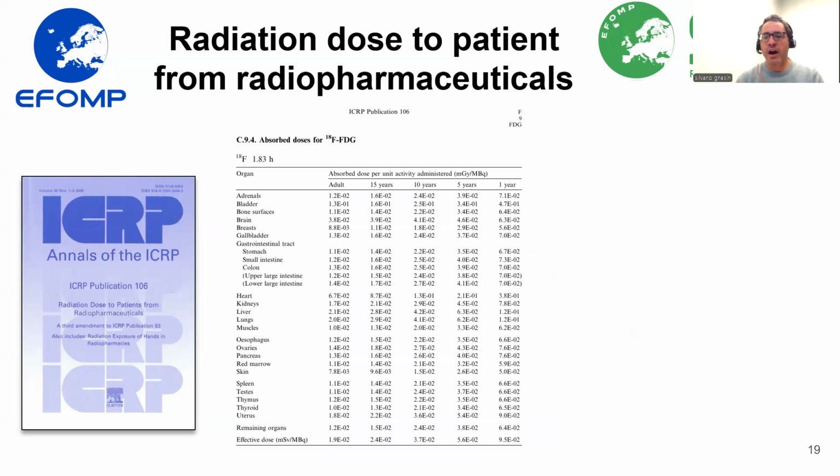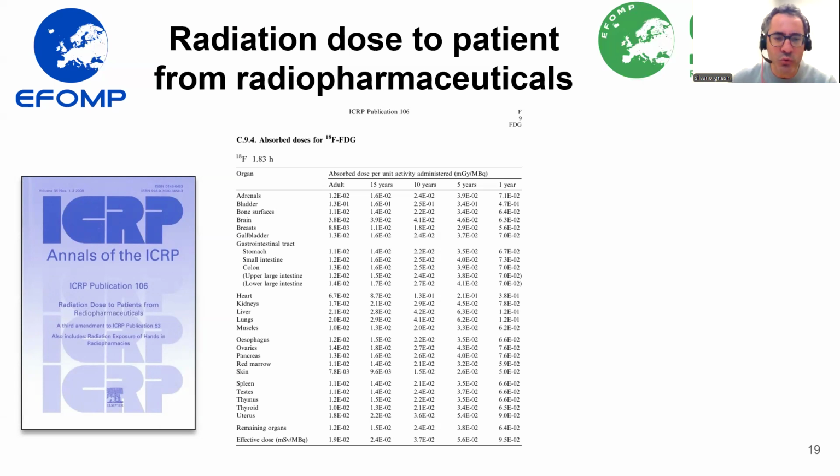And now at the end, I provide you with an example of a commonly used radiopharmaceutical. Here we consider F18-FDG, which is used for most oncological PET diagnostic examinations. You can see tables that are present in the ICRP publication. This table is from ICRP Publication 106.